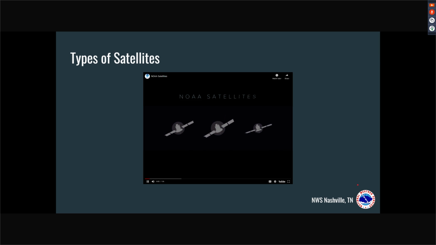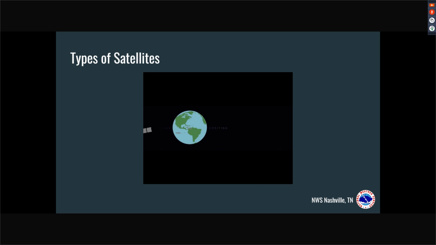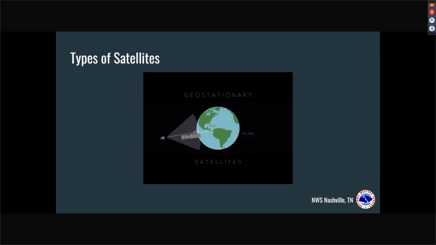NOAA operates three types of satellite systems for the United States: polar orbiting satellites, geostationary satellites, and a deep space satellite. Polar orbiting satellites circle the Earth and provide global information from 540 miles above the surface. Geostationary satellites constantly monitor the Western Hemisphere, 22,240 miles above the Earth.